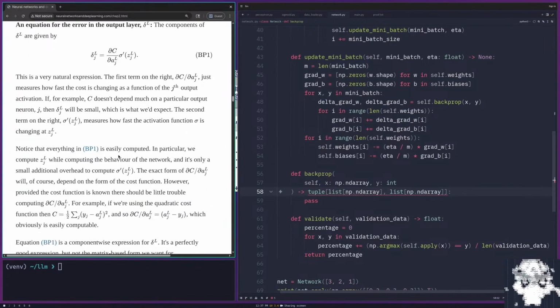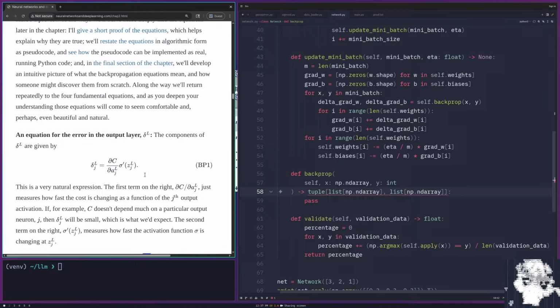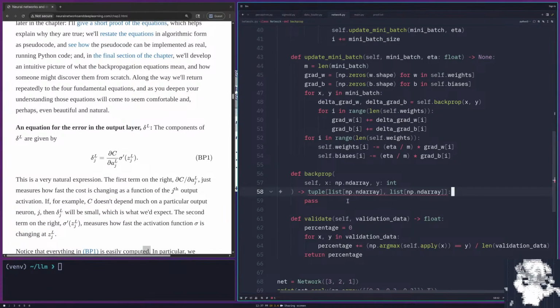Okay. Notice that everything in BP1 is easily computed. Okay, if it's easily computed, then let's compute it.